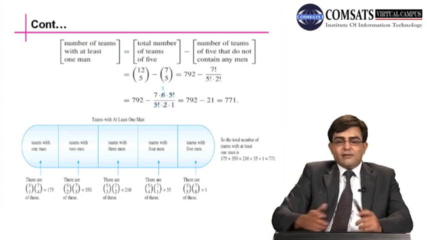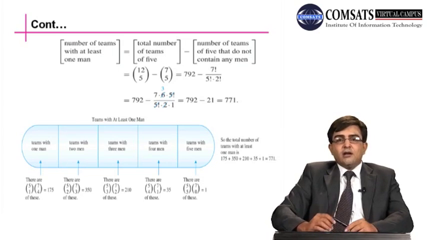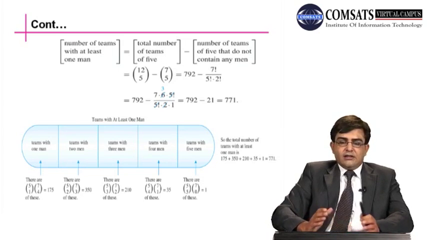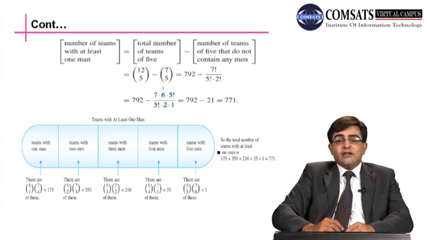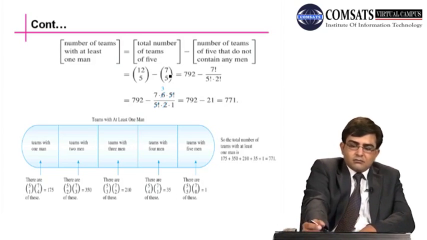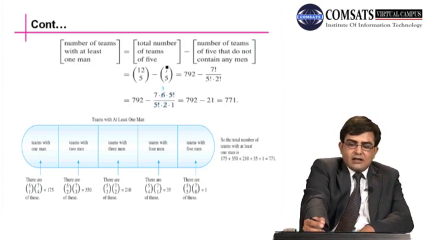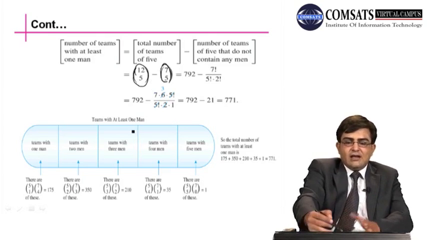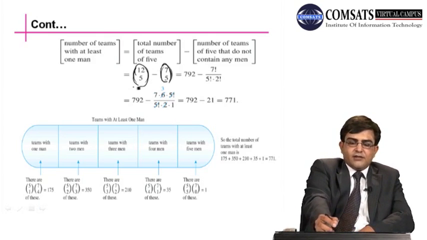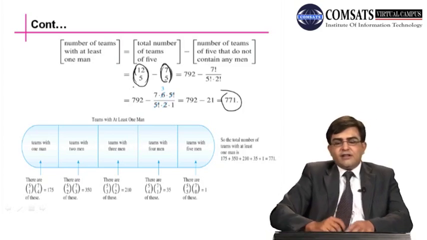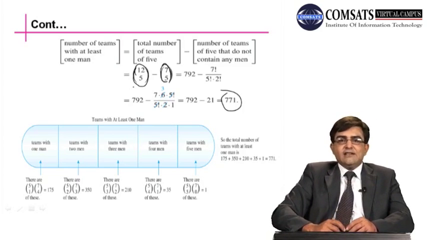Now for at least 1 man, we have to subtract the number of teams of 5 that do not contain any men, which is 7C5, because these are the possible teams which contain all women, 5 out of 7. When we subtract this from the total, we get the number of teams which have at least 1 man.